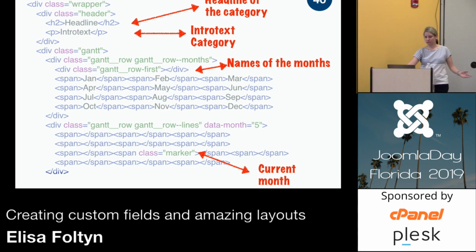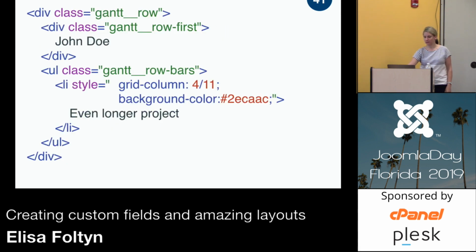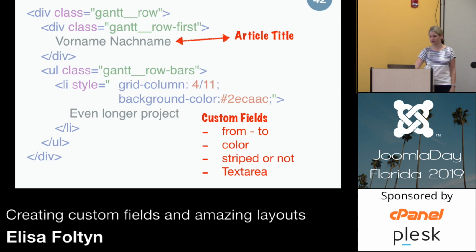And then below there comes a row with the name of the event, or here person names. And there's an unordered list with some styling in it that describes how long the time entry will be, which color it has, and so on.